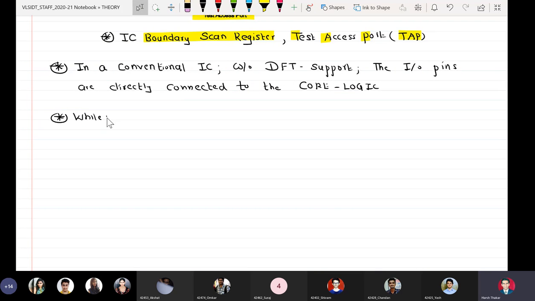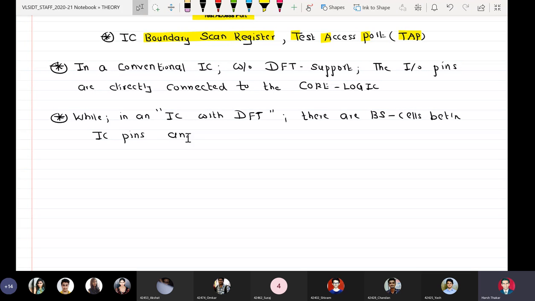While in an IC with DFT, there are BS cells between IC pins and core logic.